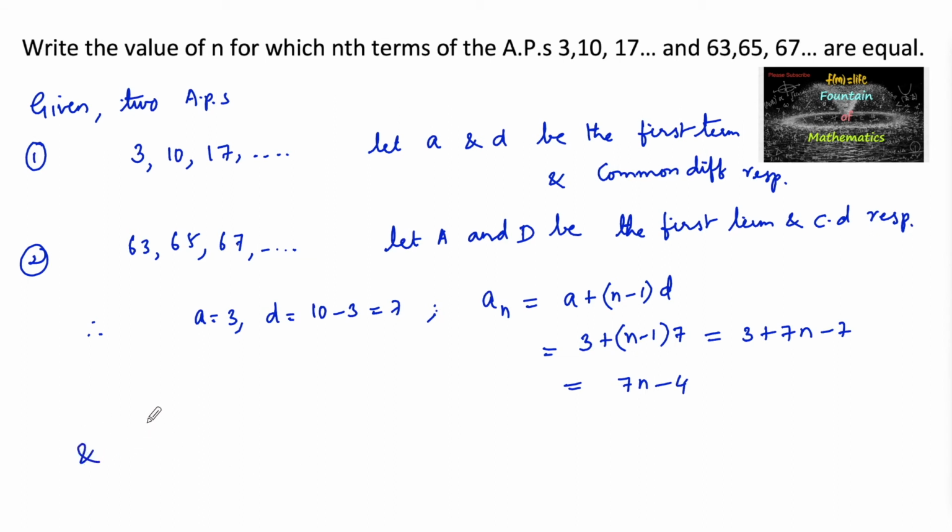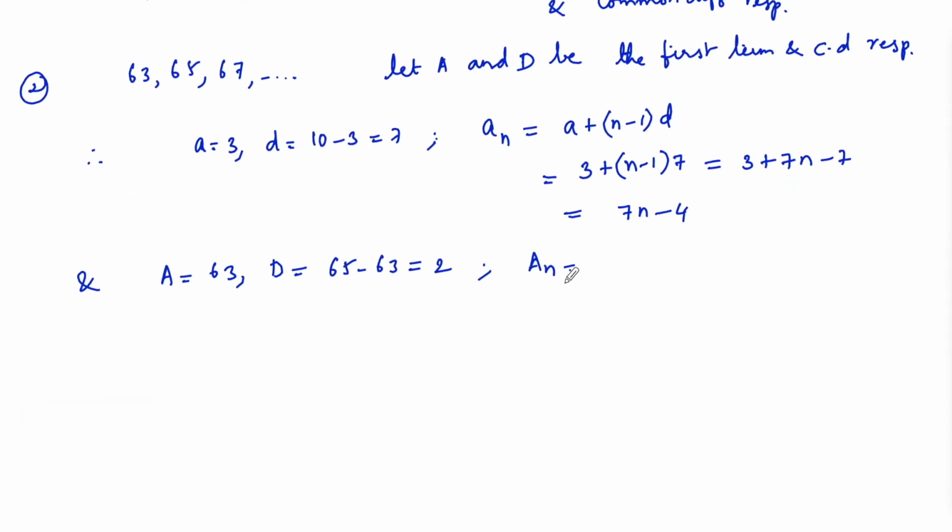And in the second sequence, capital A is equal to 63 and capital D is equal to 65 minus 63, which is equal to 2, and the nth term, capital An, is equal to A plus n minus 1 into capital D, which is equal to 63 plus n minus 1 into 2.